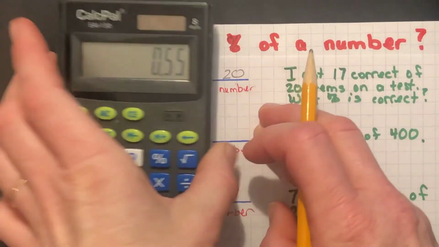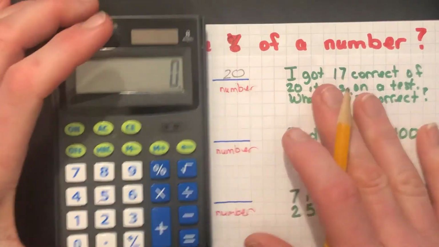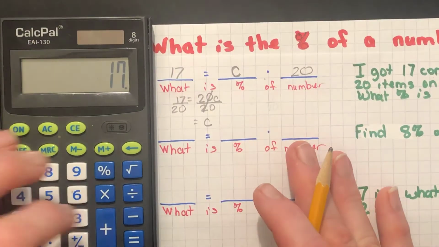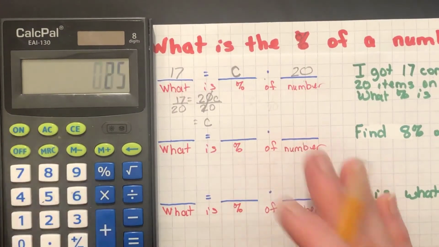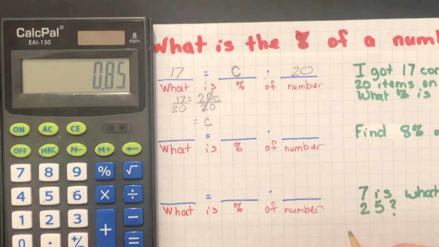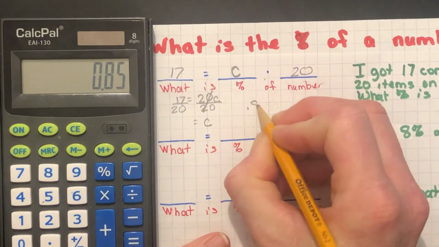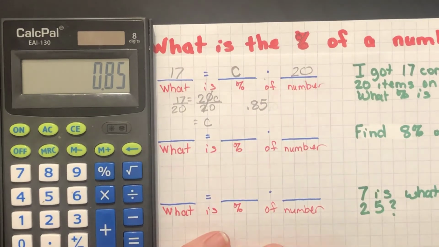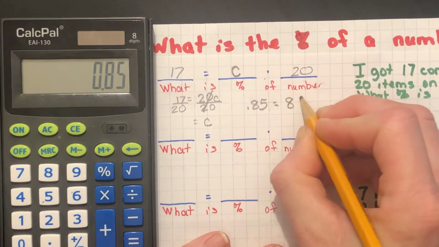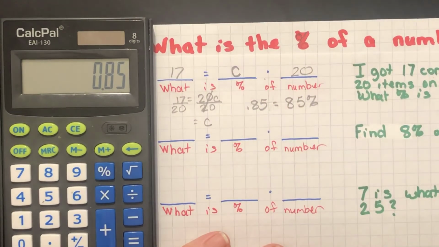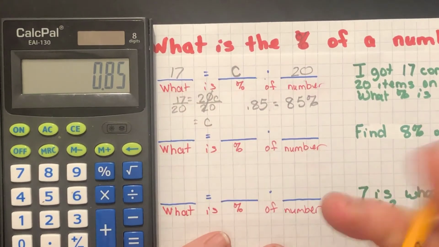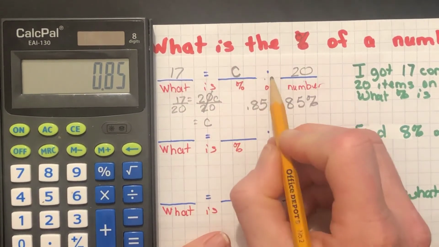Therefore, I will just divide it out like this. 17 divided by 20, 0.85. 0.85, that's written as a decimal. 85%. 17 is 85% of 20.